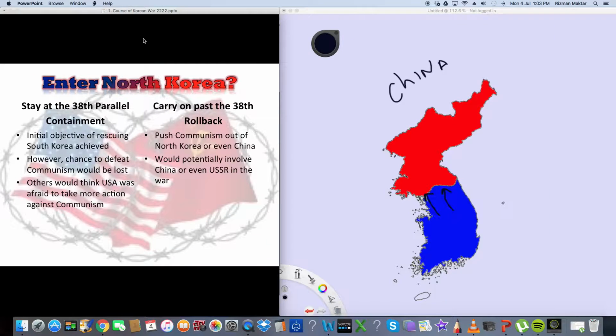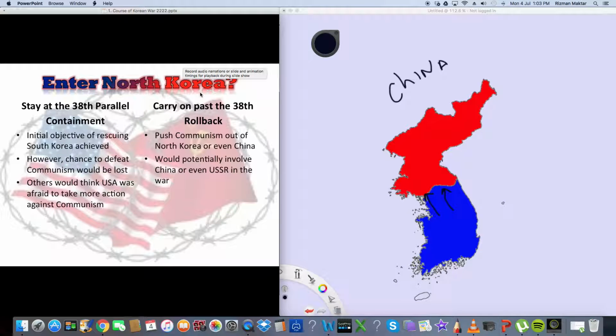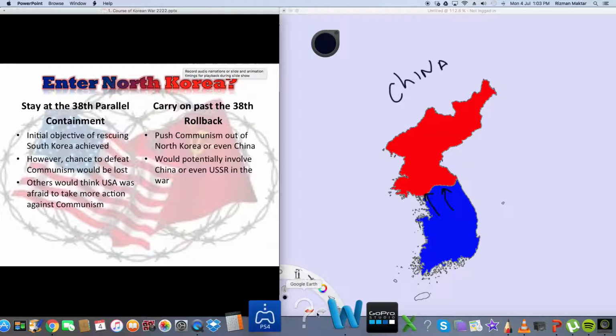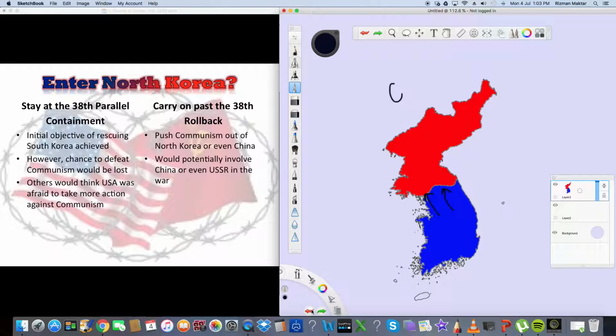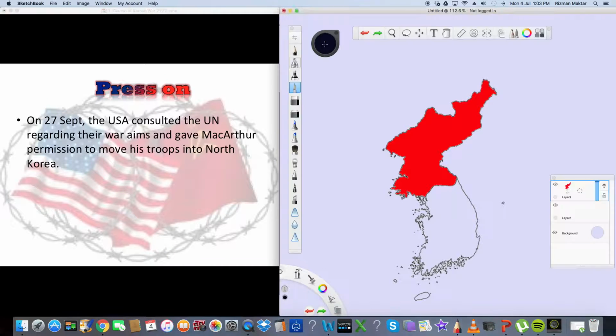So that was their conundrum. Do we stay or do we move on? The decision was we press on. They have decided that they are going to press on.